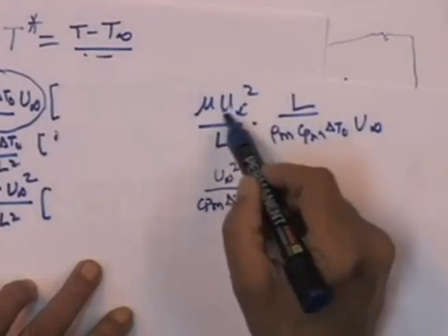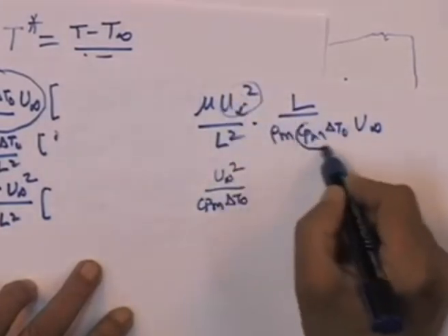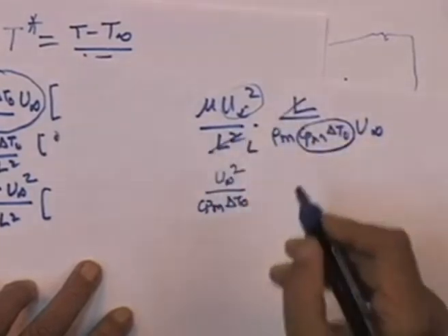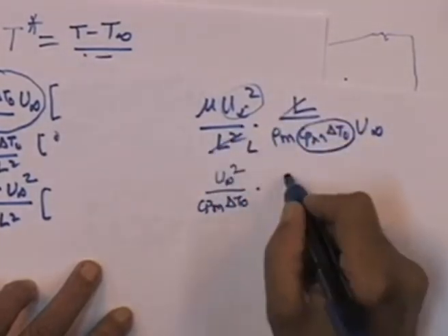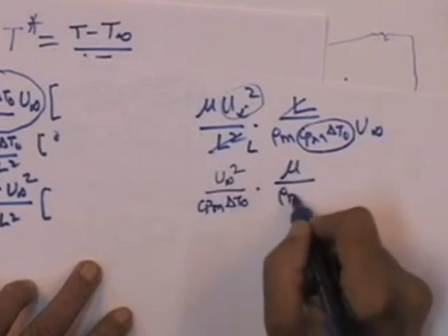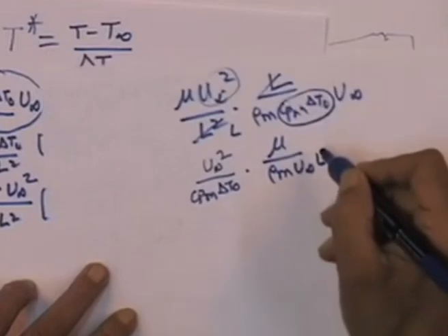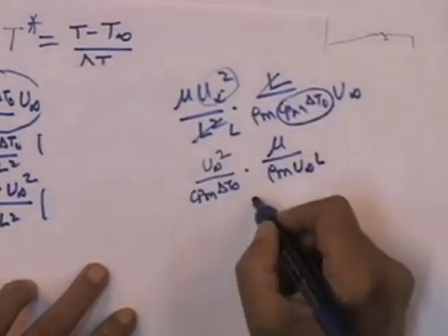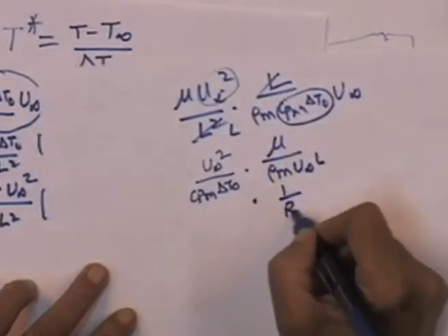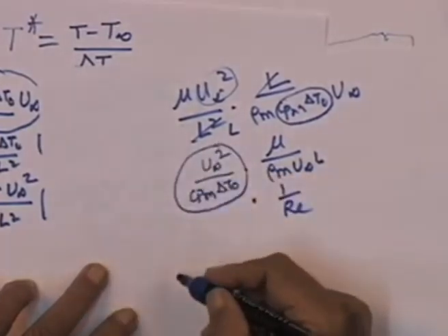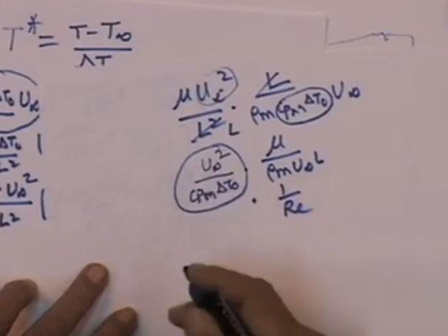I have taken care of that term. Then L goes with L, and I have mu divided by rho m u infinity L, and therefore, this is nothing but 1 over Reynolds number. This term is dimensionless, as we can see.